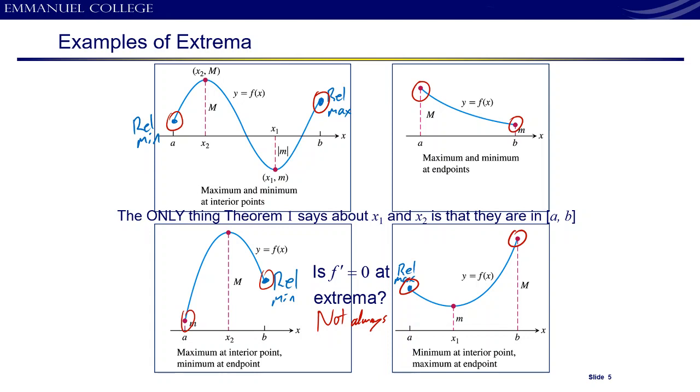Most of the time, you don't have a case where the endpoint is also a place where the derivative equals 0. You just have to keep those ideas in mind.